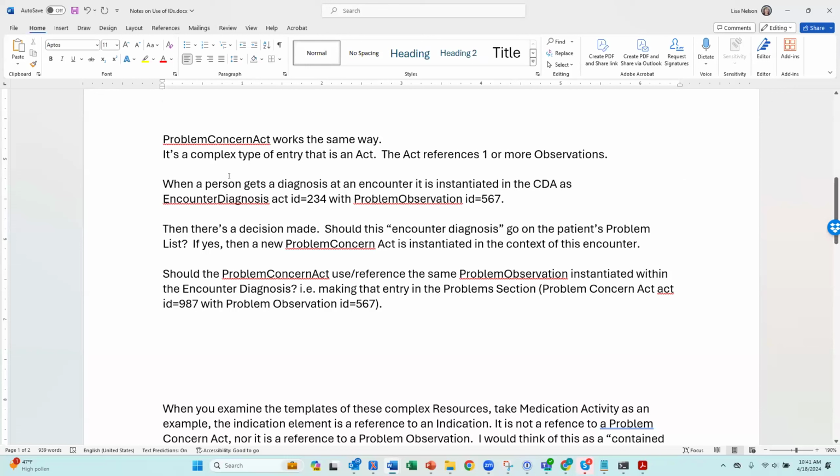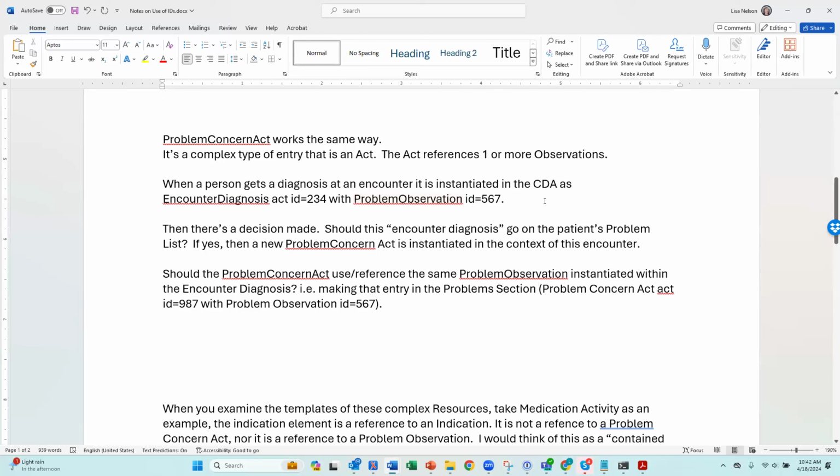So the scenario is, what if there's a problem that gets diagnosed? You're really starting the story at the day that my problem gets diagnosed, which starts out as an encounter diagnosis, which has an act wrapper that says it's an encounter diagnosis. I'm saying that has ID 3234. Then the inner problem says, what you were diagnosed with today is diabetes. That problem observation part has its own ID. In our template, we force an ID onto this problem observation, 567 for the example.